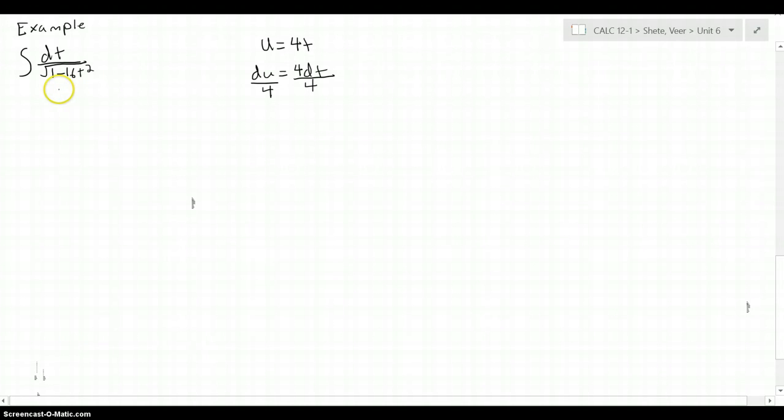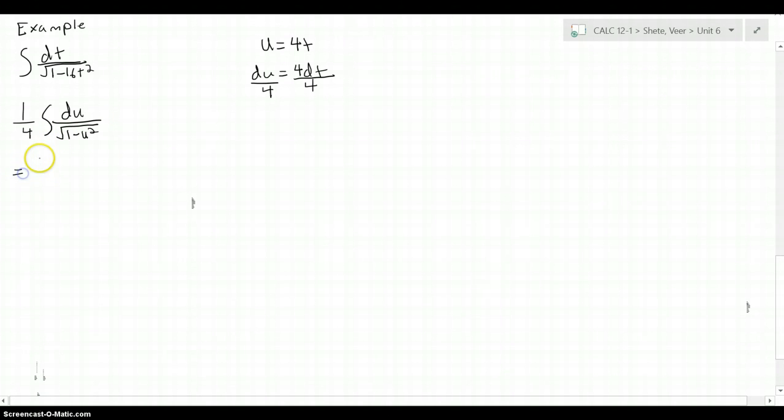So I was able to notice quickly that this matches the mold of root 1 minus x squared. In this case, we will now have 1/4 times the integral of du over root 1 minus u squared. And now, as intended, this will match our integral function for inverse sine, or arcsine.